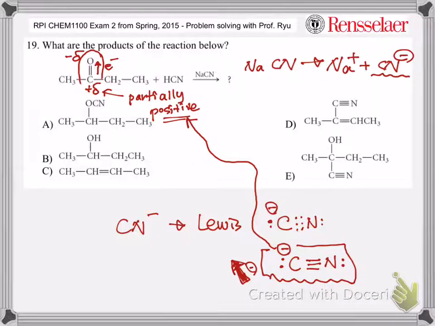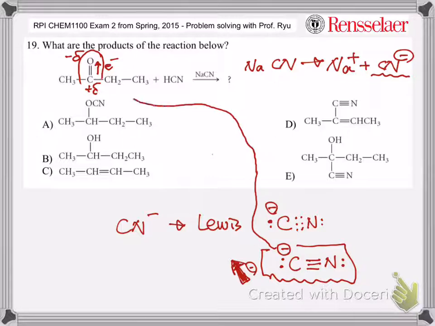So what's going to happen is, because this carbon is partially positive, it is going to look for this negative compound, called a nucleophile, and form a bond. So this carbon and the CN carbon form a new bond.